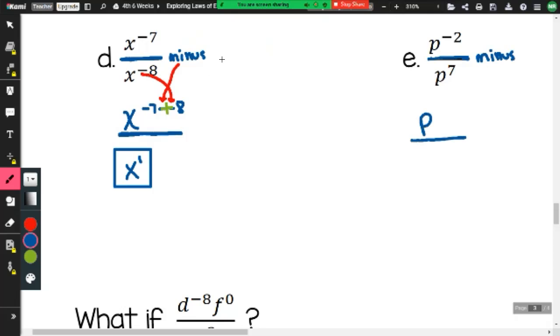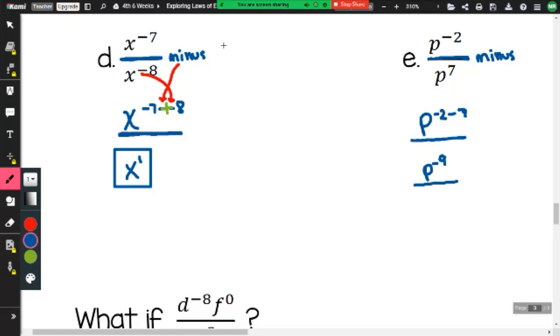So I'm going to take that -2 minus, and this time, does that 7 bring in its own negative? No, so it's only -2 minus 7. There is no double negative. The minus sign comes from that fraction bar. And what is -2 minus 7?